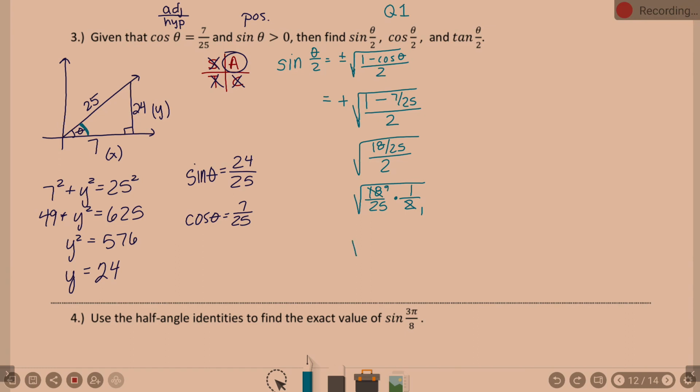One way or another, you get the square root of 9/25. And what is the square root of 9/25? 3/5. So we know that sine of theta over 2 is equal to 3/5.